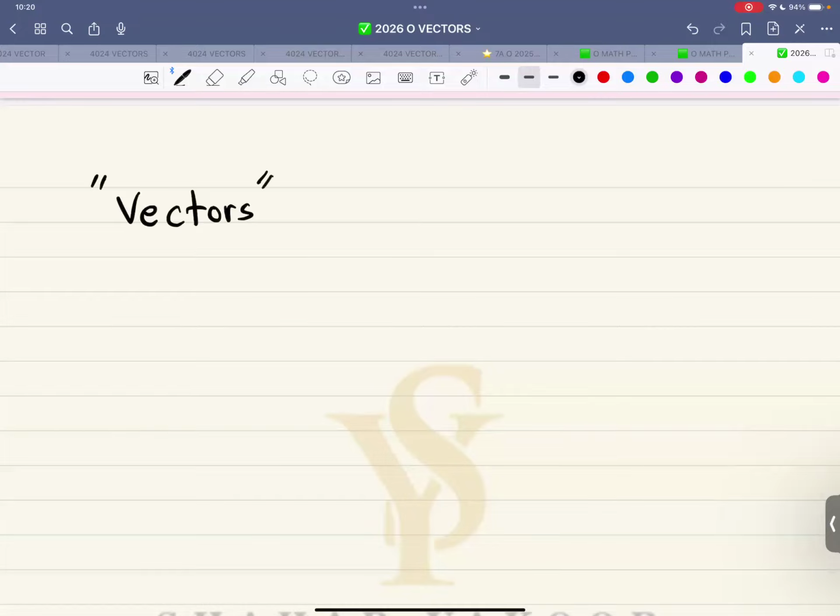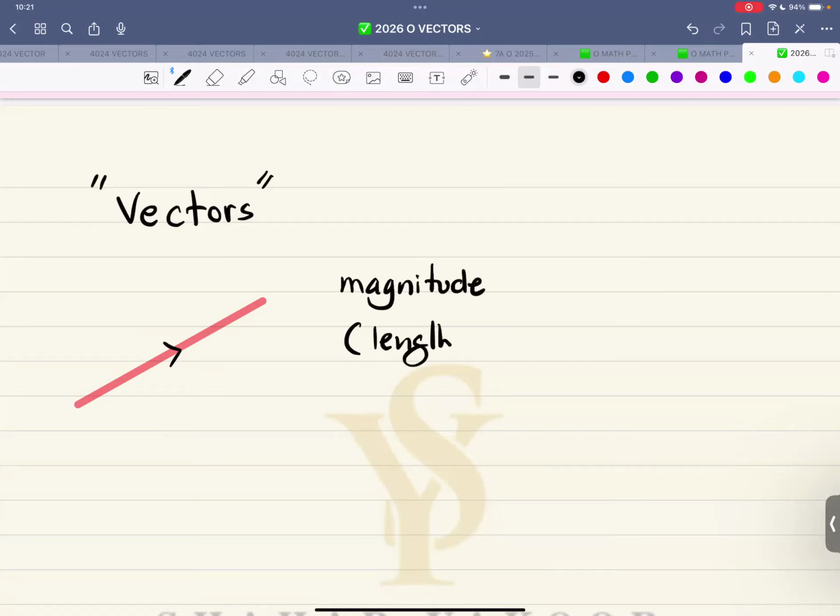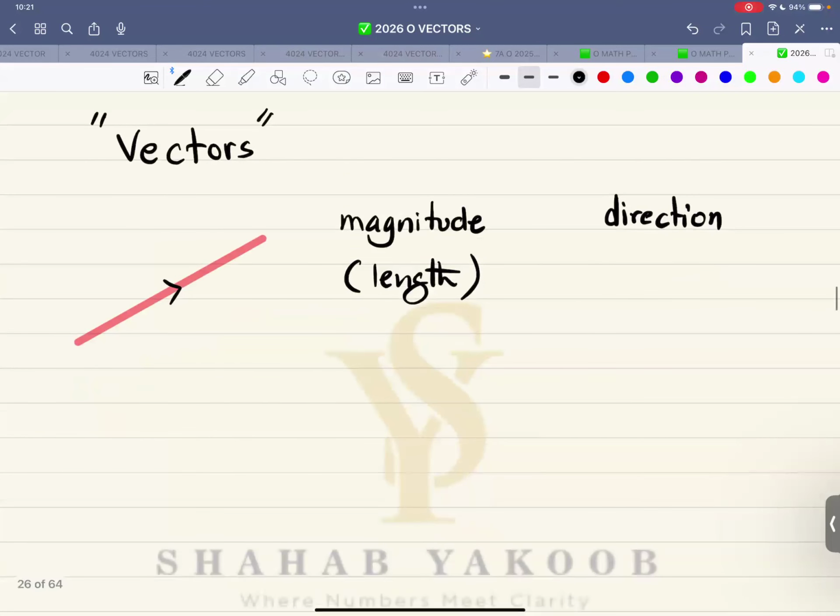First of all, what is a vector? A vector is a line which has a magnitude as well as direction. Magnitude means it has a length, and direction will either be shown symbolically or using coordinate geometry.